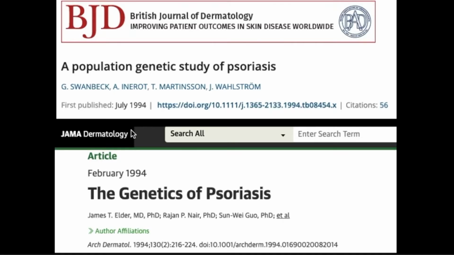The pathophysiology for psoriasis is very complex, especially the genetic causes, as there is no single gene mutation responsible, but multiple genes involved.